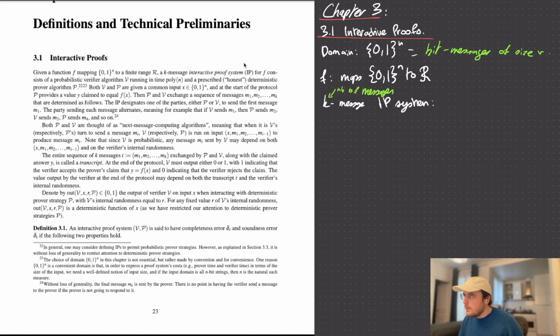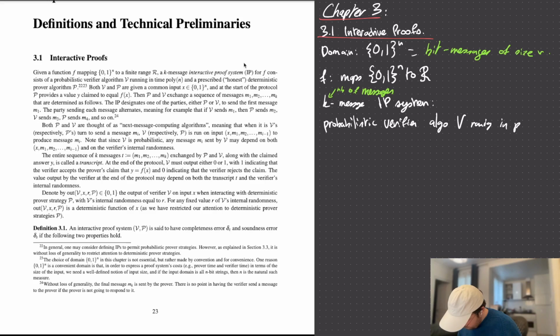K-message IP system for f consists of a probabilistic verifier algorithm V running in polytime.